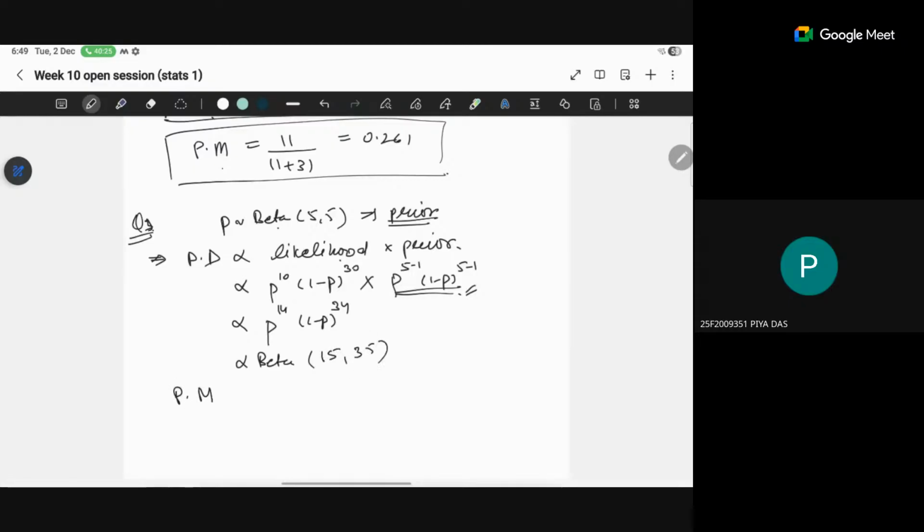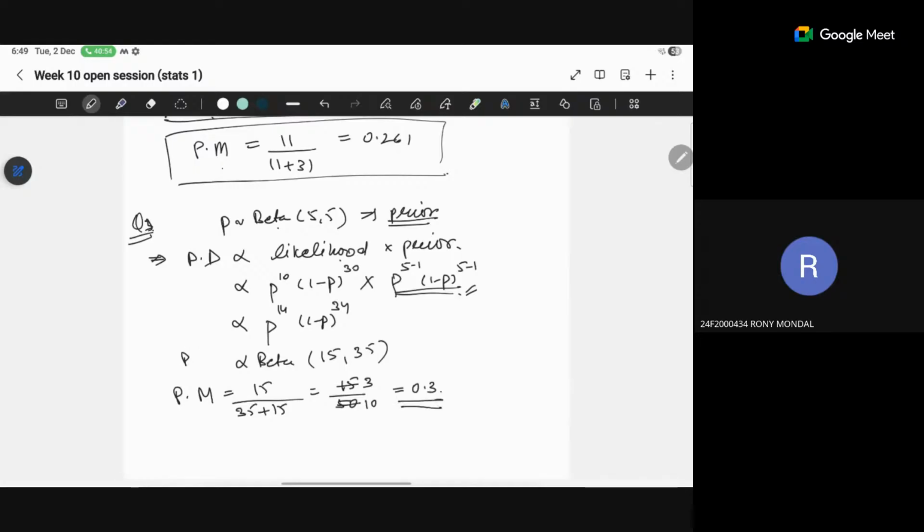Now can you tell me what is the posterior mean? 15 by 35 plus 15, which will be equal to what? 0.3.